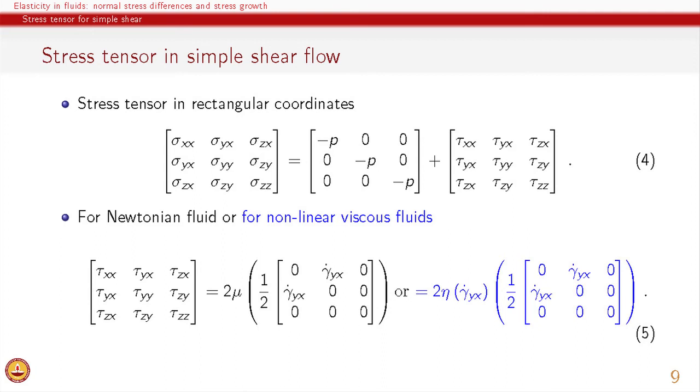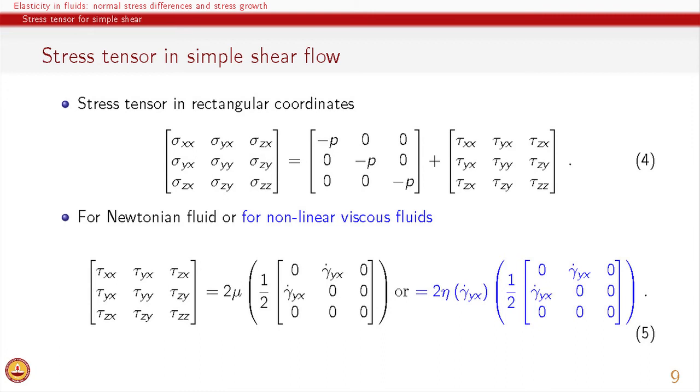So, the difference between a Newtonian fluid and the general nonlinear viscous fluid is the fact that the viscosity can depend on strain rate, and that is why, if you recall, we had called these types of nonlinear viscous fluids generalized Newtonian fluids. The behavior is generalized by, rather than assuming mu to be a constant material constant, it is a material function which depends on gamma dot yx.